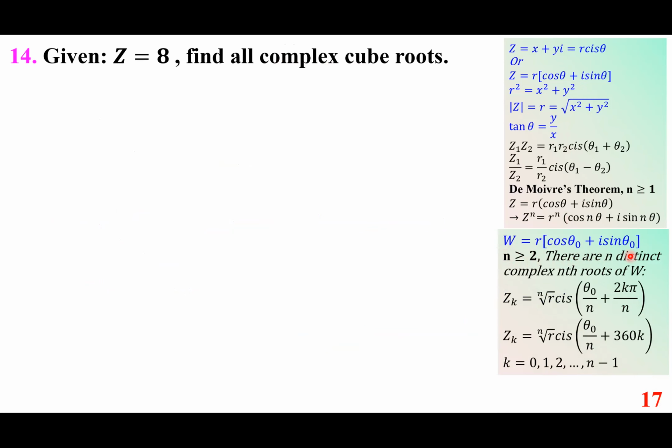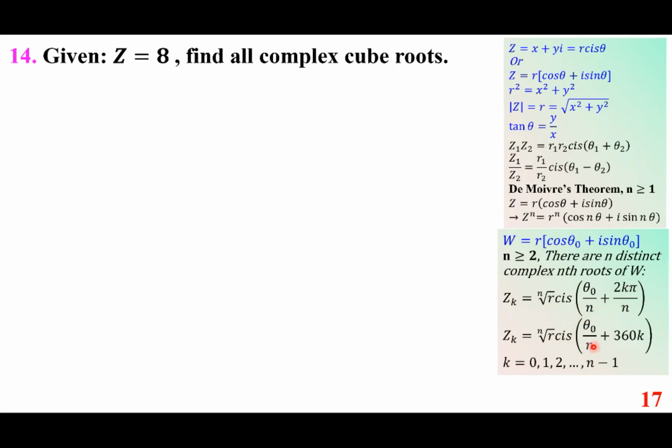If you have r cis theta, and let's say theta we represented with theta sub 0, then for the nth root, we take the nth root of r, the modulus or magnitude, and then we add 2k pi, and we divide the whole thing by n. Then we let k be 0, 1, 2, all the way to n minus 1.